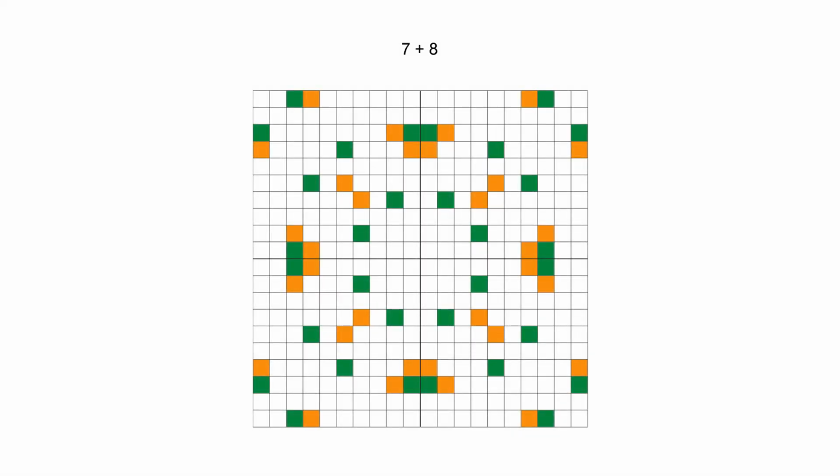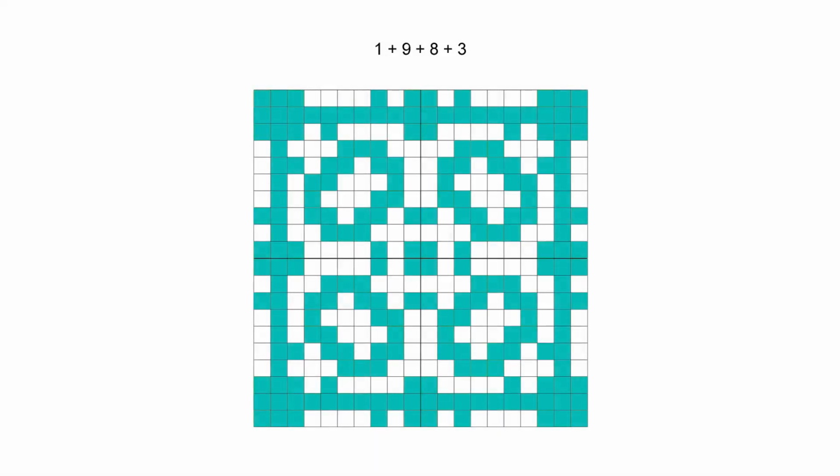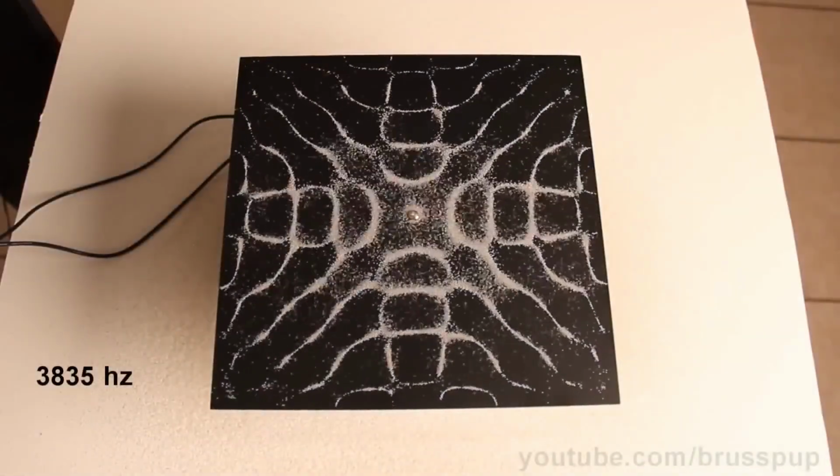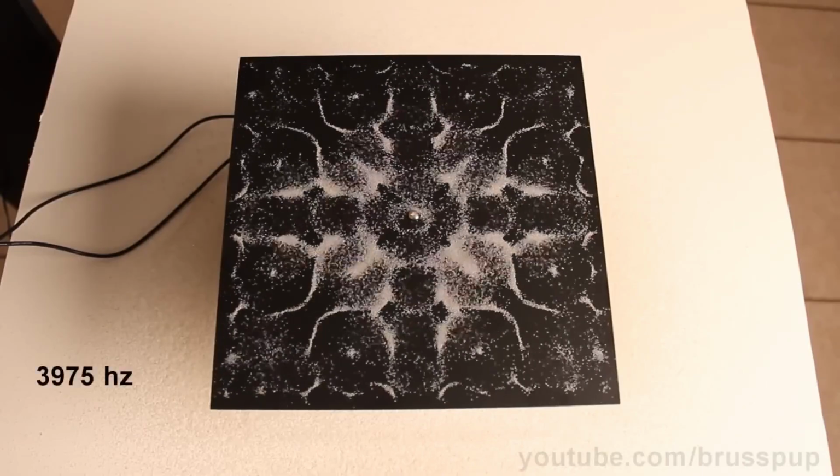Each different combination of highlighted numbers gives a unique pattern. Similar to how in cymatics experiments, each frequency gives a unique pattern.